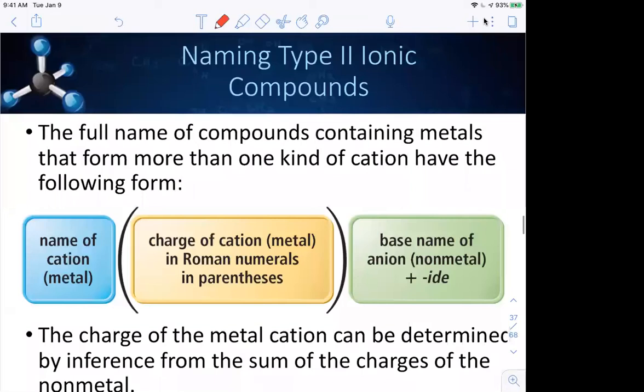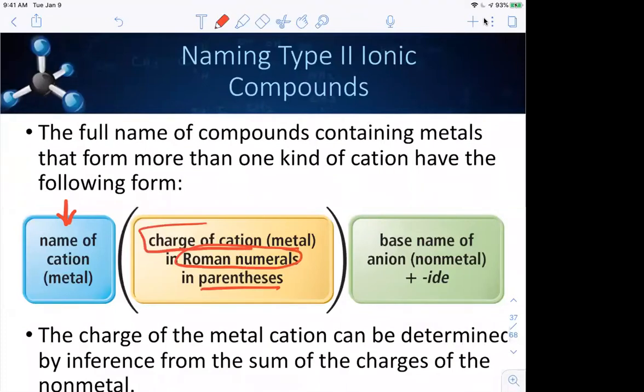So once I have those charges established, I put them together in a name. The full name of those type 2 ionic compounds that contain metals that form more than one kind of cation follows this form. The name of the cation, which is the name of the metal. This is going to be a parentheses with a Roman numeral.